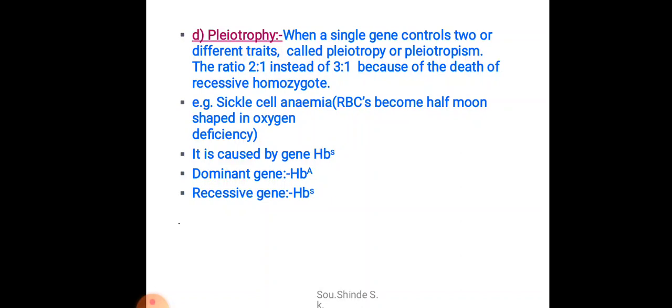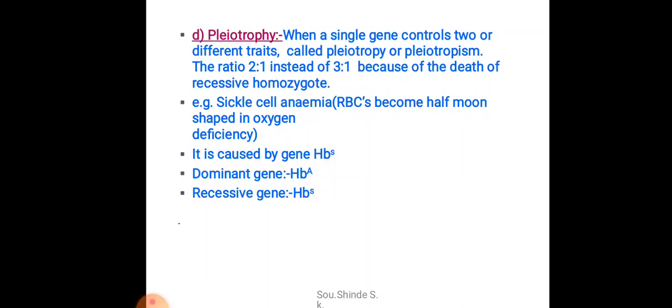Pleiotropy is when a single gene controls two or more different traits. This phenomenon is known as pleiotropism.